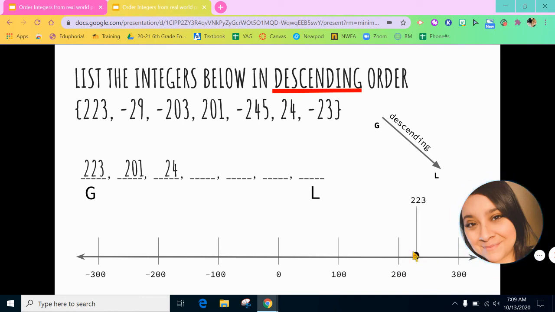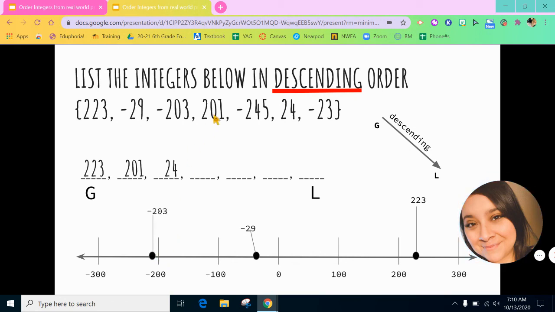Let's label it. Negative 29 is between 0 and negative 100. I know it's going to be closer to 0 than it is 100, so let's say roughly here. And let's label it. Negative 203. So negative 203 is not here between negative 100 and negative 200. It's a little bit past the negative 200, so we'll say roughly there.